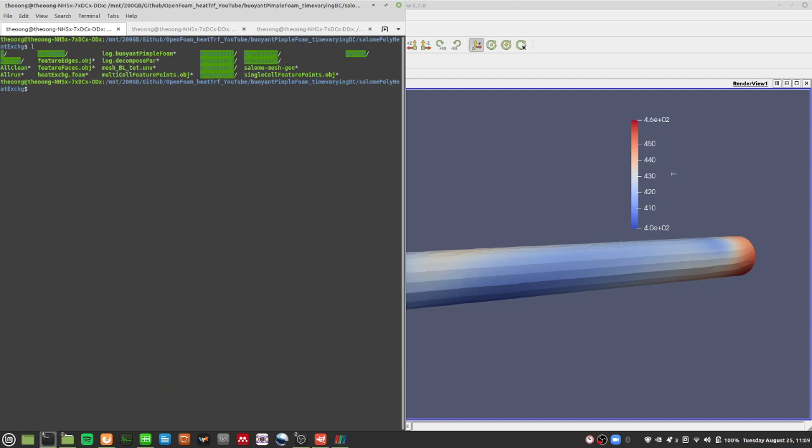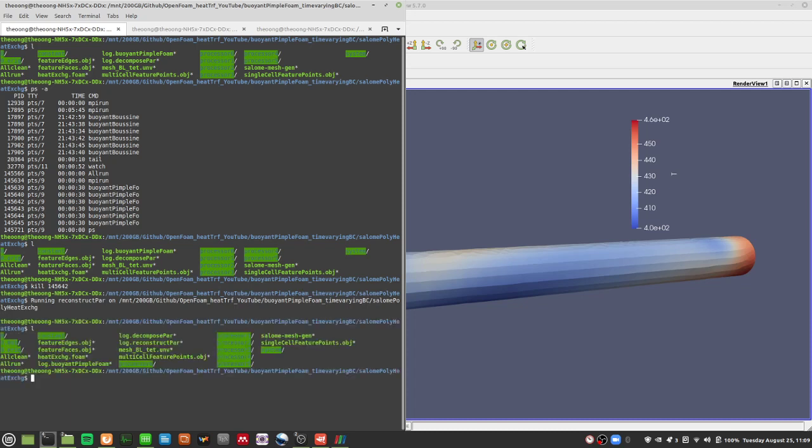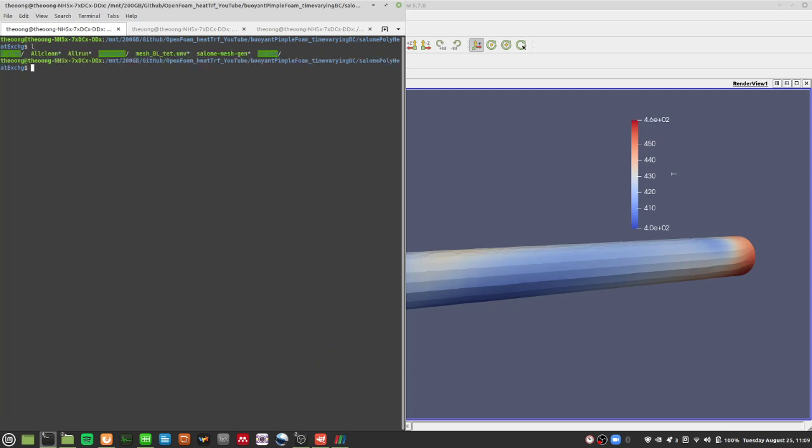It should be good. So let me kill this process 145642. So I'm just selecting this one. Any one of these will do, because that will stop the whole thing. Okay, and that should be all. Okay, I can do an Allclean on this, and hopefully this thing is good.